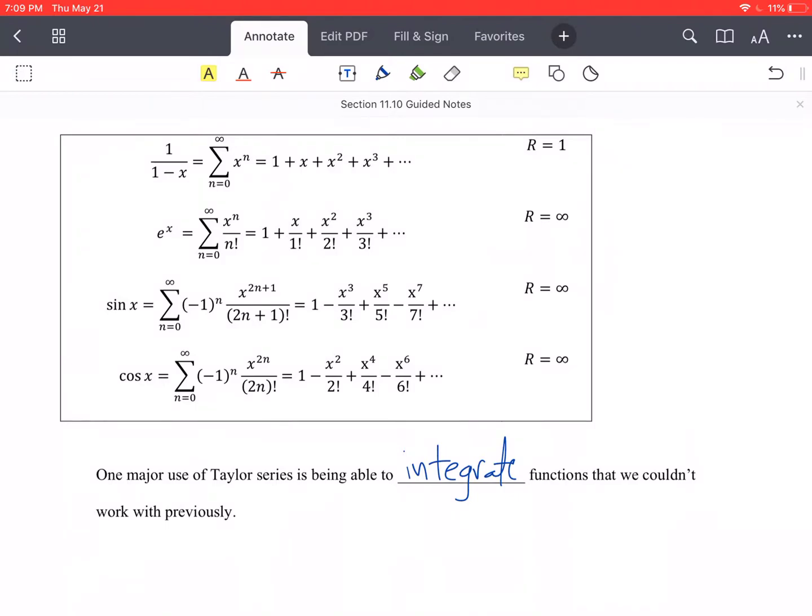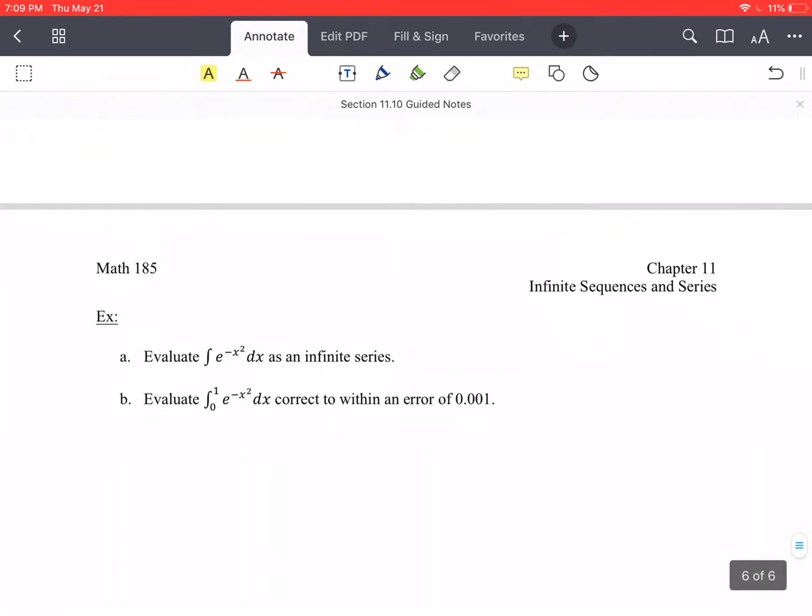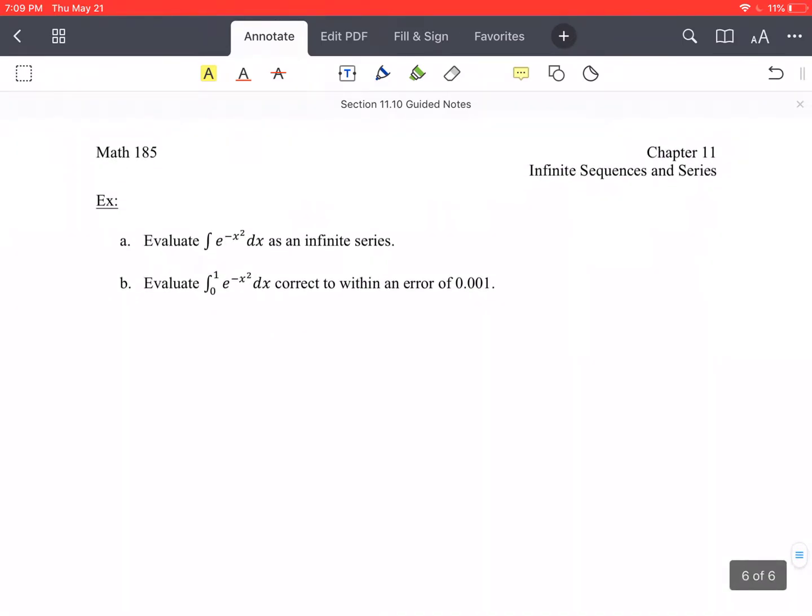So in this next example, we're going to evaluate the integral of e to the negative x squared dx as an infinite series and look at its error. This is what your calculator does. Your calculator is computing an infinite series for e to the negative x squared, and it's evaluating it like we're going to.